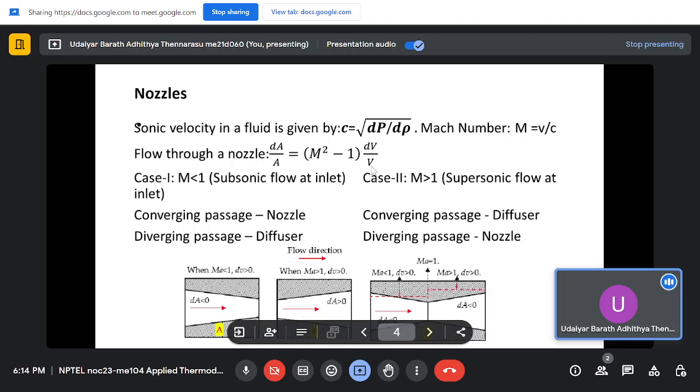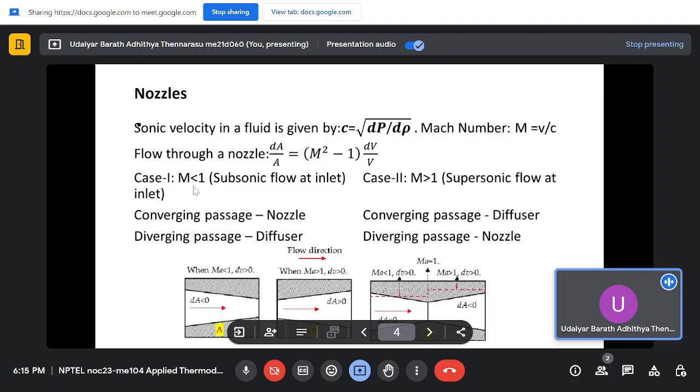So dV by V, if dA is positive, dV will also be positive. So for a diverging nozzle, dA will be positive, hence the velocity will increase. And if the Mach number is less than 1, the reverse will be the case. So your velocity will decrease and it will act as a diffuser. So that's the case listed.